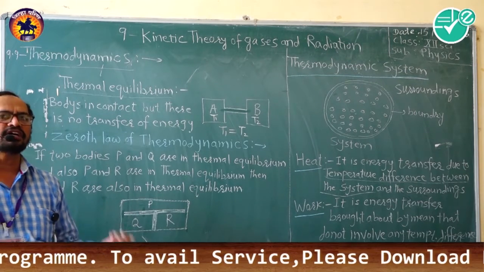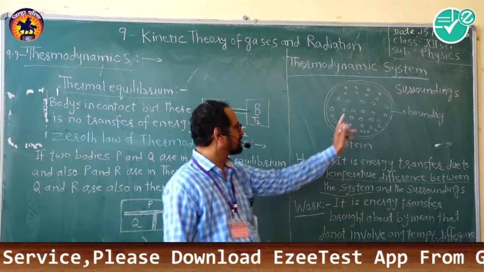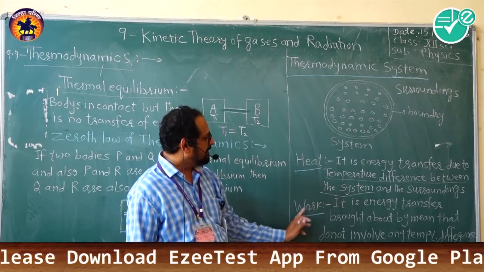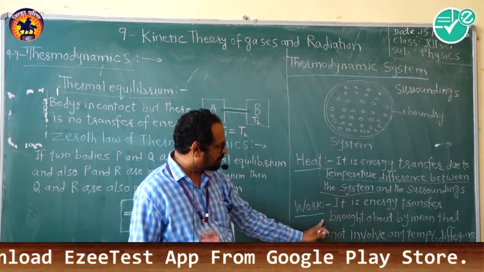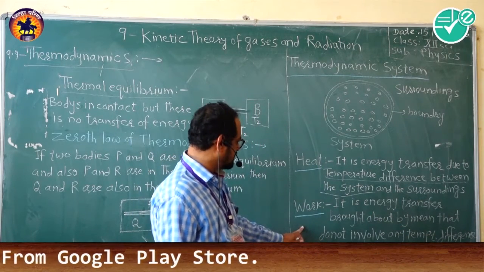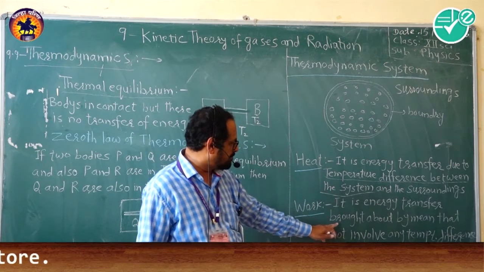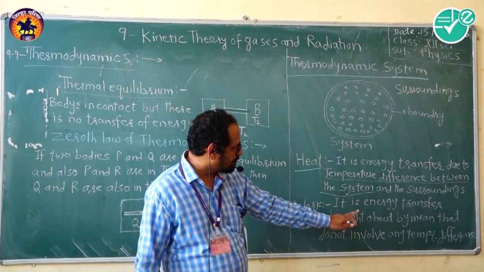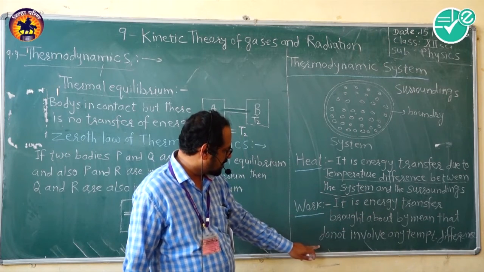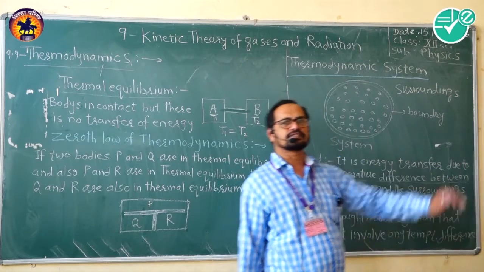So what is work? Work is done by the system, but it is not related to the temperature difference. It is energy transfer brought about by means that do not involve any temperature difference.